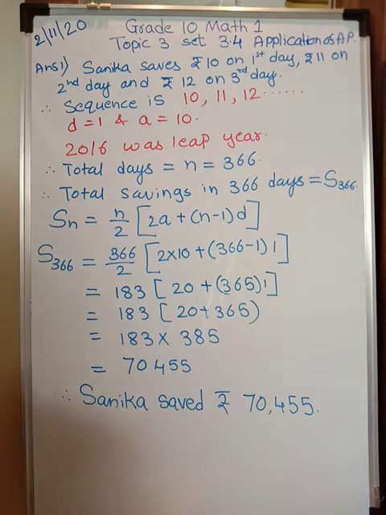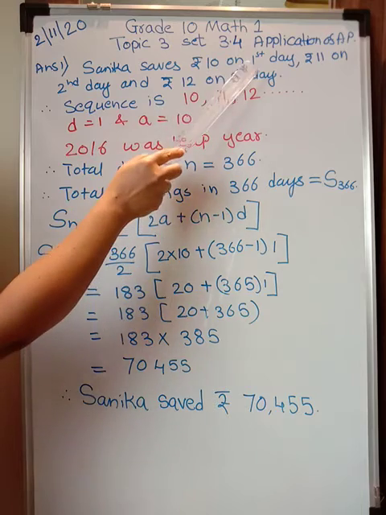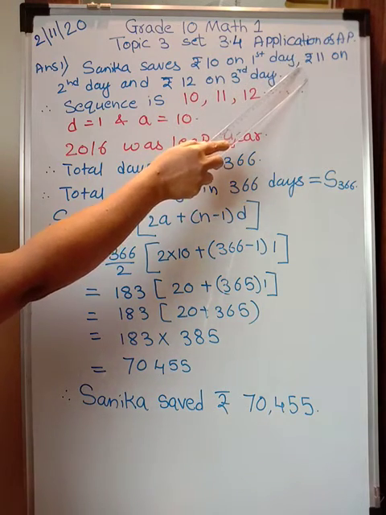Now see, the first problem from set 3.4 is that on 1st of Jan 2016, Sanika decides to save rupees 10, rupees 11 on the second day and rupees 12 on the third day. That means on the first day of the year 2016, she is saving rupees 10. On the second day she is saving rupees 11.